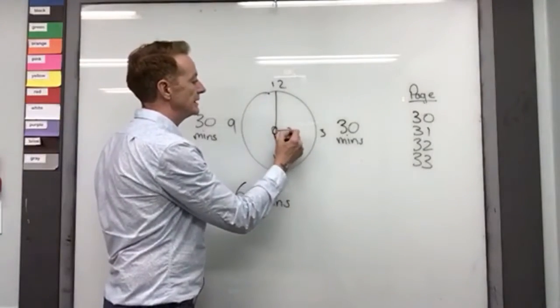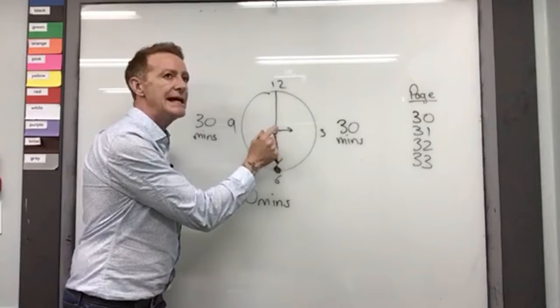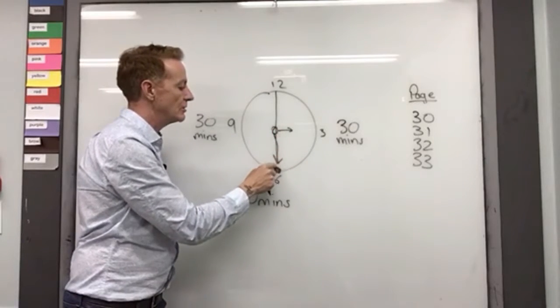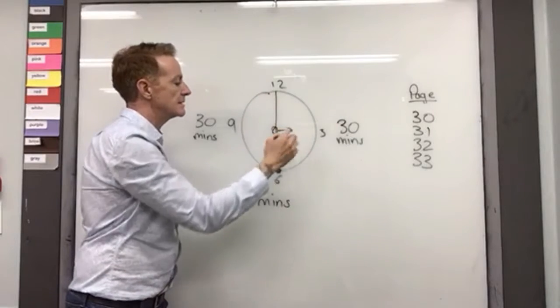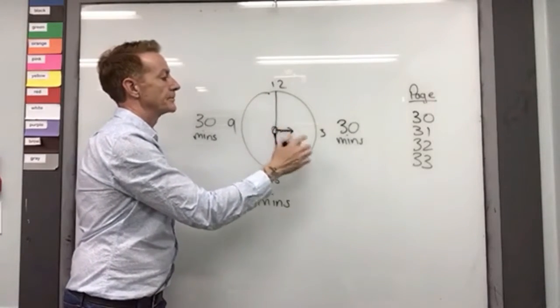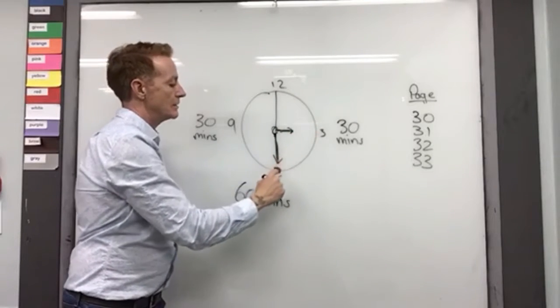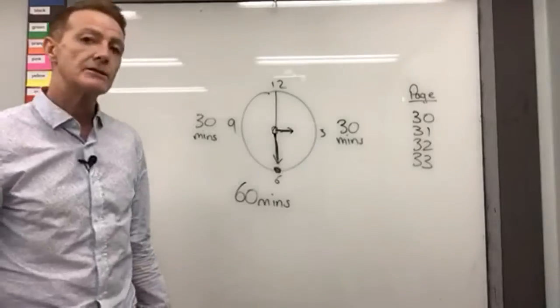These that you see moving around, tick, tick, tick, are called hands on the clock. This is the hour hand, pointing on the hour. It is half past 3.